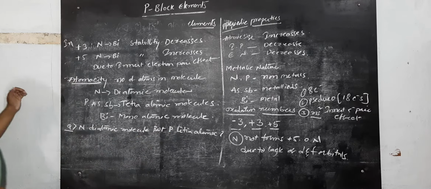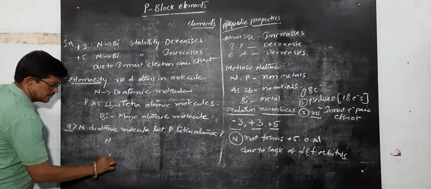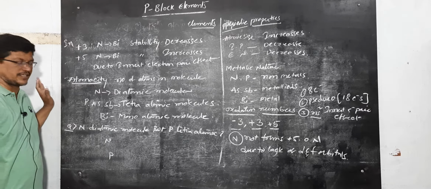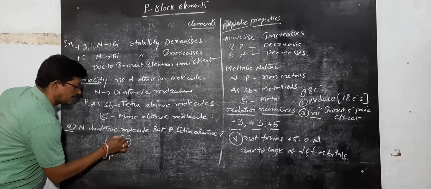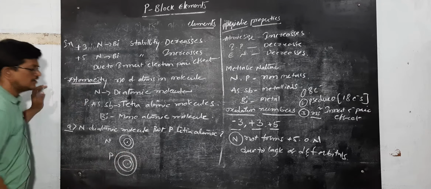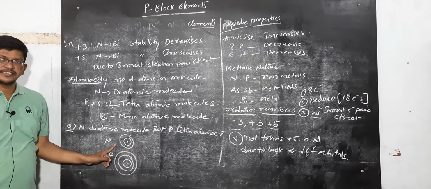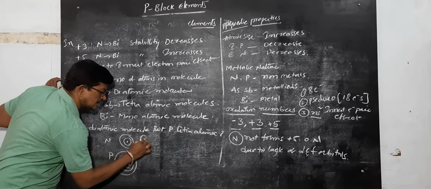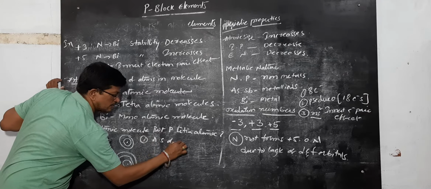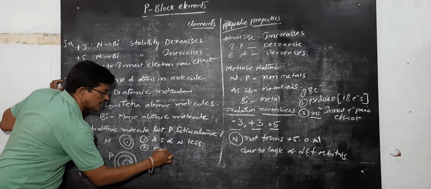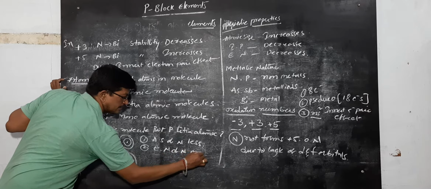Look here. Nitrogen's electron configuration is 1s2, 2s2, 2p3, so it contains only 2 shells, while phosphorus contains 3.